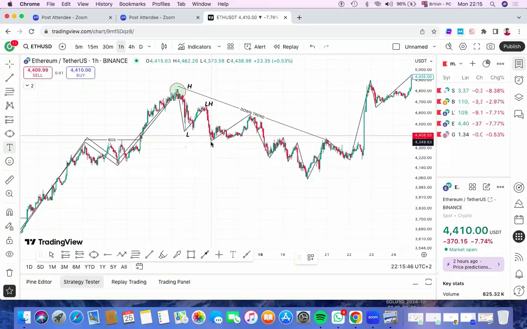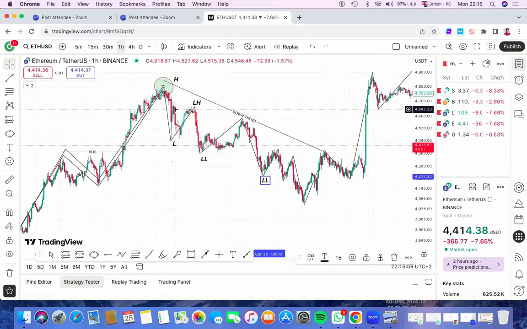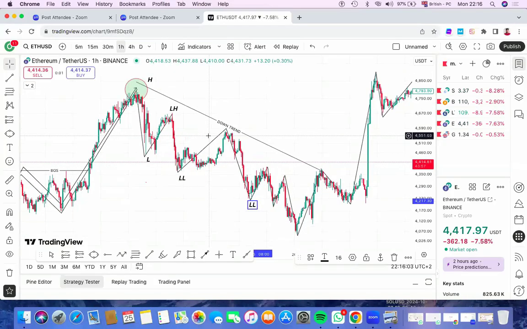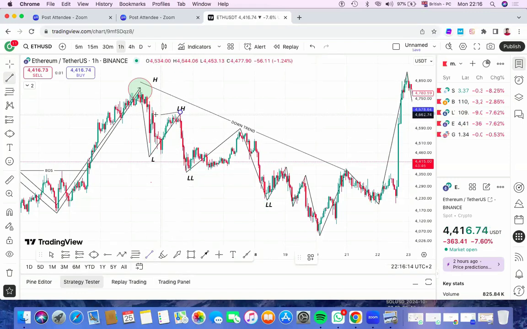You can see how this class is so important and very interactive. This now is a lower low, and this now also is a lower low. So the market is now breaking structure to the downside, okay? And how do you draw this structure when the market is in a downtrend? If the market is breaking structure down, it has to break the recent lower high.